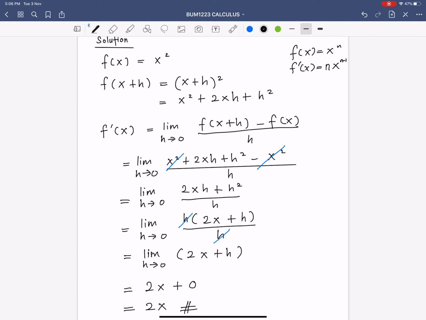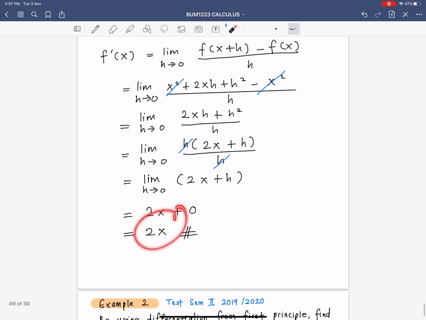In this case, we cannot use this formula, this is just for checking purposes. So if you see here, we have x squared. Then if we use this formula, we should get 2x to the power of 2 minus 1, which is 2x, and it is equal to what we have here, 2x.